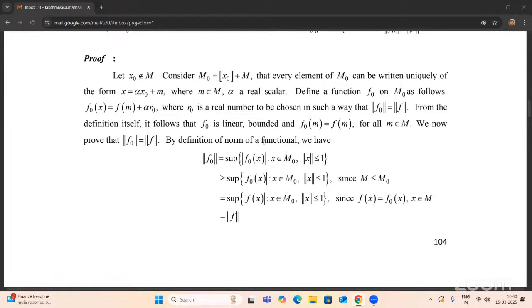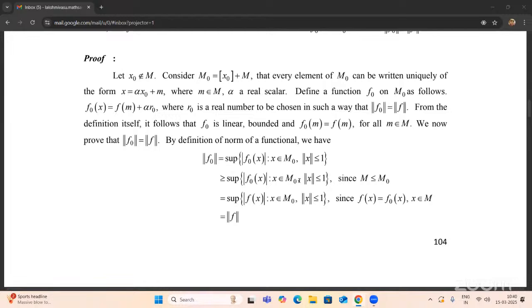Students, listen carefully: what is the condition here? The norm of x is less than or equal to 1. So that entire condition must be greater than or equal to the supremum of mod f naught of x.